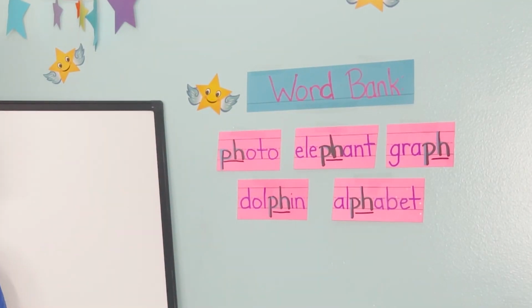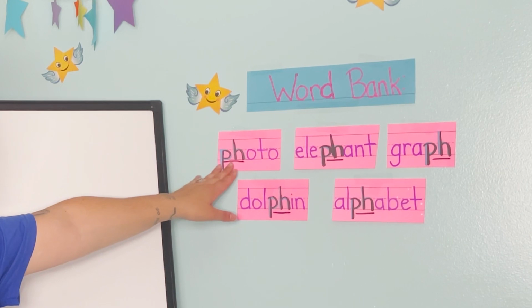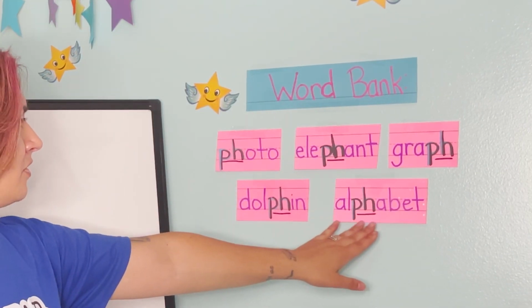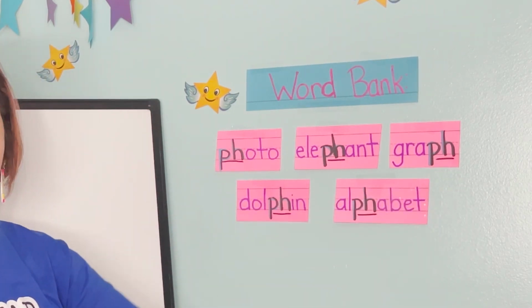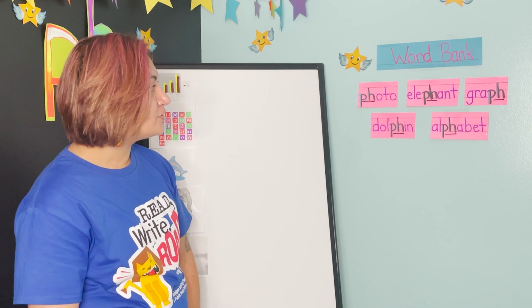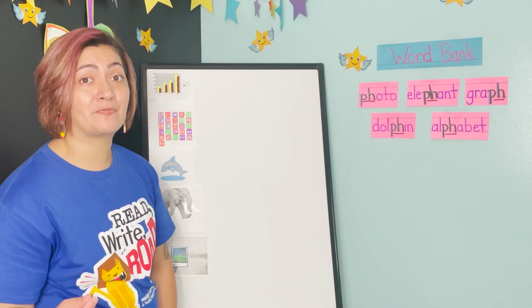I noticed that PH is at the beginning, or in the middle, or even at the end of some of the words. That's pretty interesting. So when you see that PH, you know that it represents what sound again? Good job.